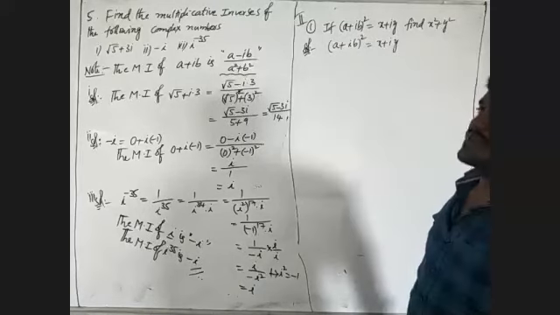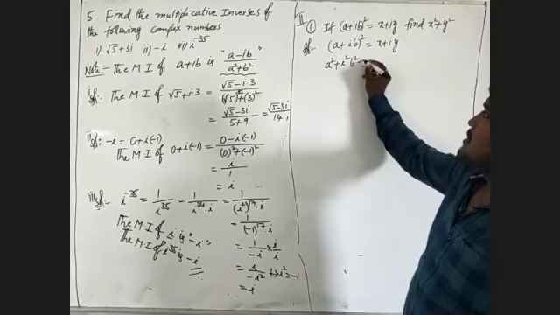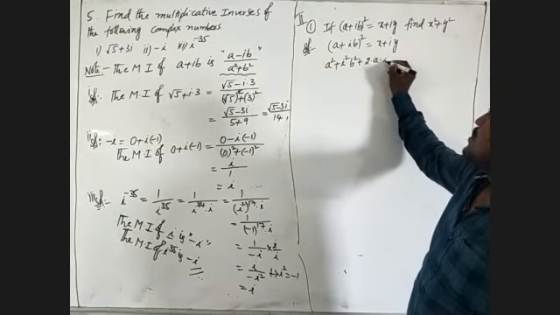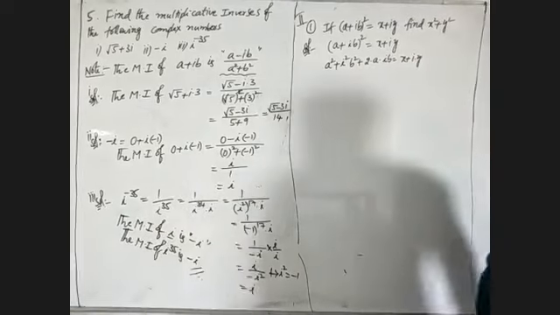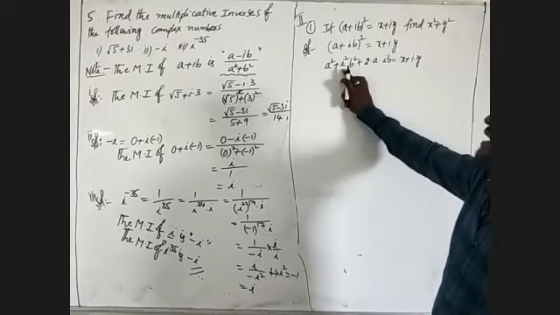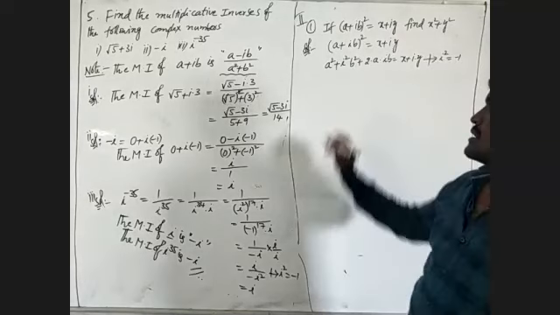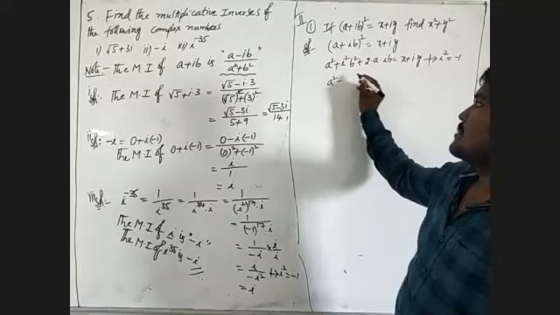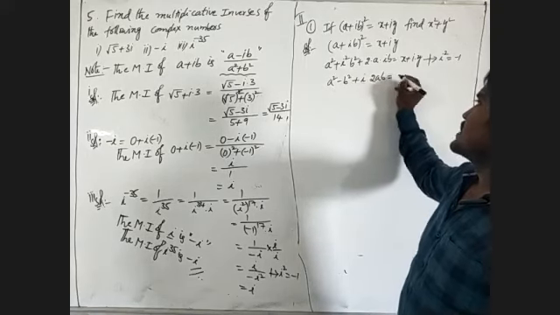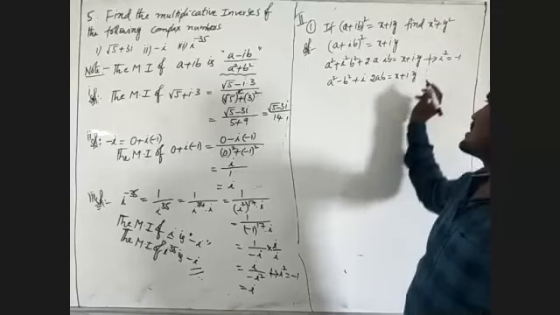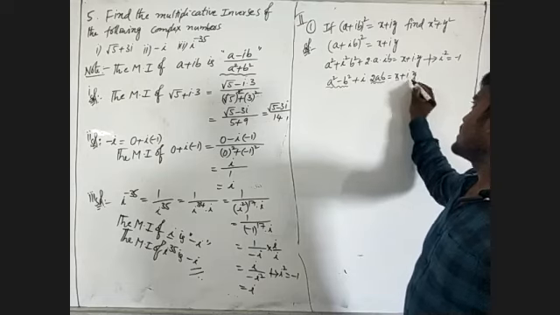How to expand this? a square plus i square b square plus 2 into a into ib is equal to x plus iy, where i square is equal to minus 1. That is written as a square minus b square plus i into 2ab is equal to x plus iy. How to separate this? This is the real part, this is the imaginary part.